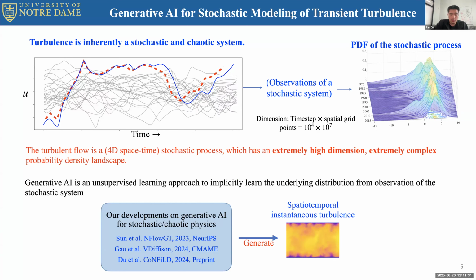We have published some papers on this approach. You can check all those references in our group. All those models aim at generating spatial-temporal instantaneous turbulence using generative AI technology.